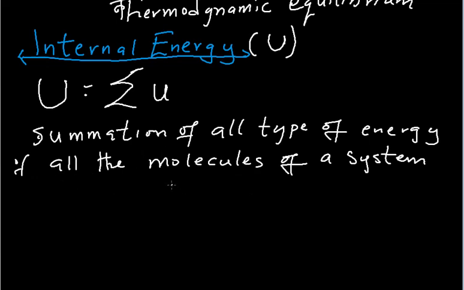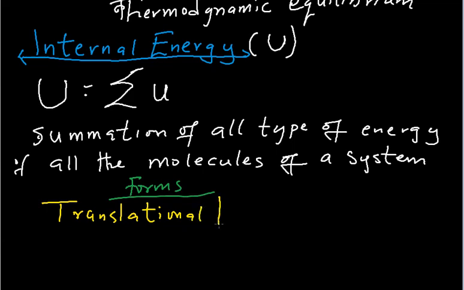Invariably, a single molecule might have different forms of energy. So let's look at the forms. A single molecule might have translational kinetic energy.